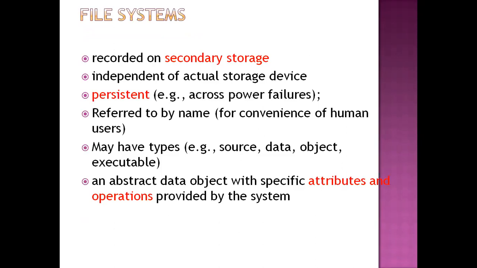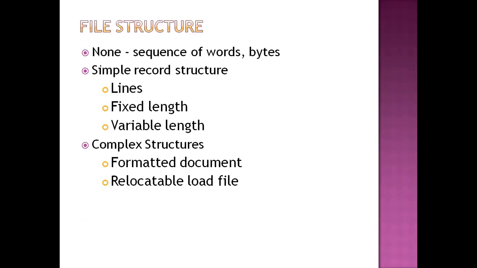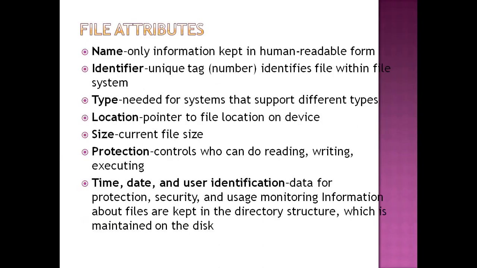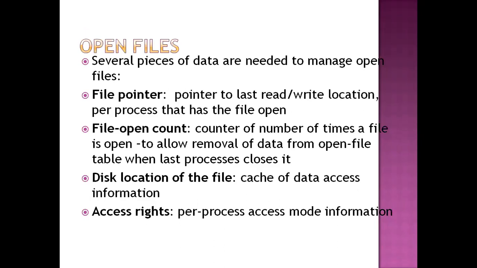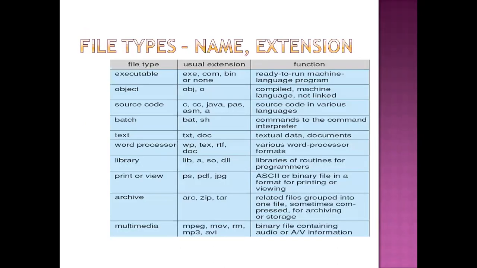Then we have seen that every file will be associated with some set of attributes and operations. So these are the attributes and these are the operations. Also we have seen the file structure, where there are three structures: one is none, next is simple record, next one is complex structure. Then we have seen what an open file is and then file types with extensions.